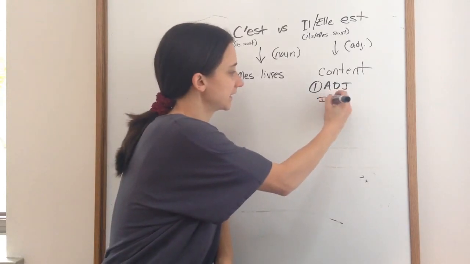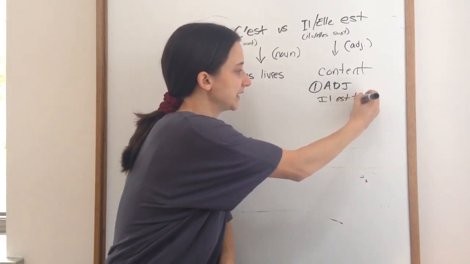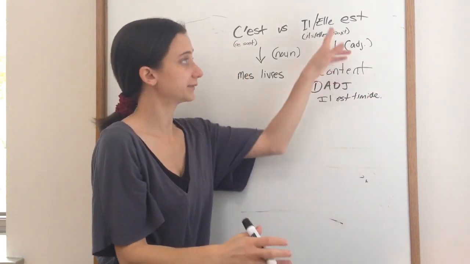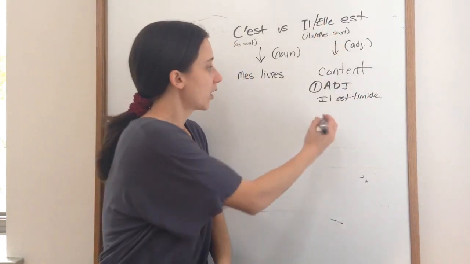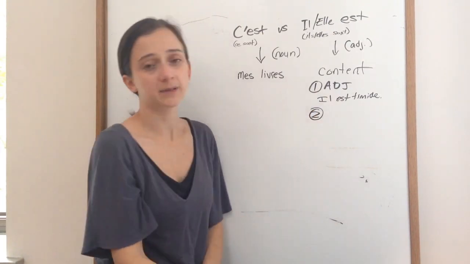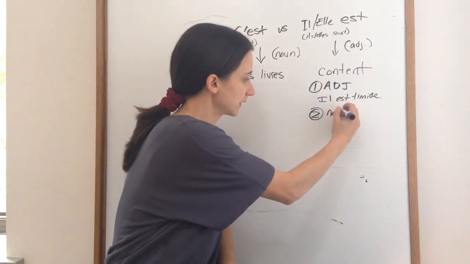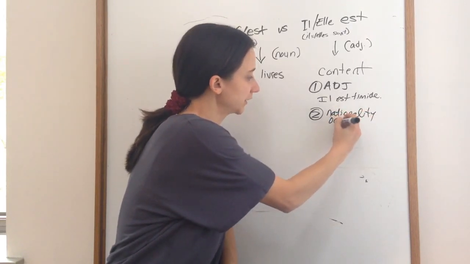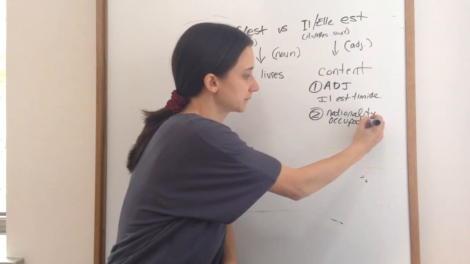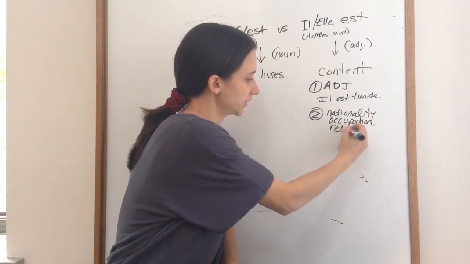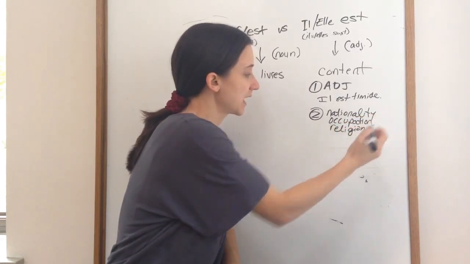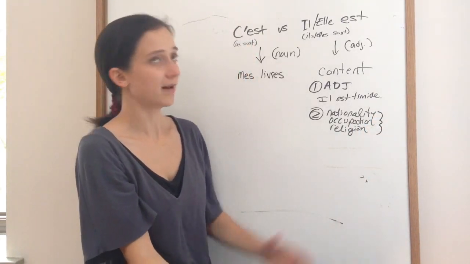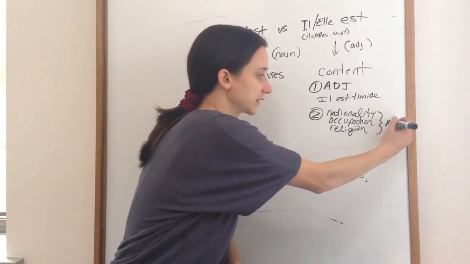So, il est timide. He is shy. It's an adjective. Our second group is going to be nationality, occupation, or religion. Now these, if you want to be really specific about it, are pretty much adjectives.